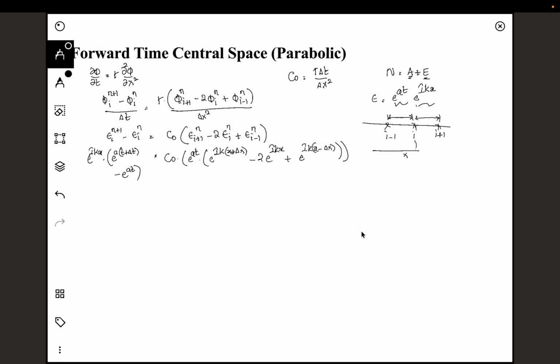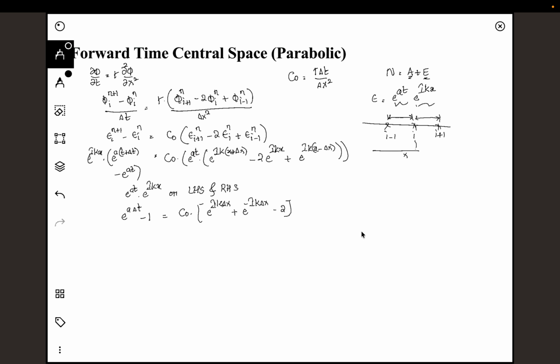So we can eliminate the term e power at times e power ikx, and that leaves us with e power a delta t minus 1 is the current number times e power ik delta x plus e power minus ik delta x minus 2.